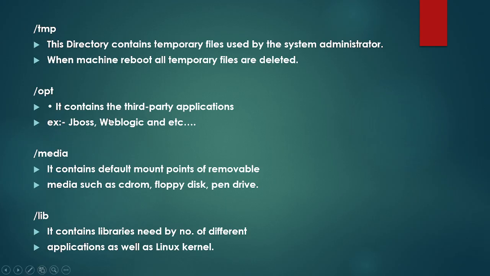Slash opt: it contains third-party applications, like JBoss, WebLogic, etc. These kinds of applications you can set up in the opt directory. Media: it contains the default mount point of removable media such as CD-ROM, floppy disk and pen drive. You guys know about media.